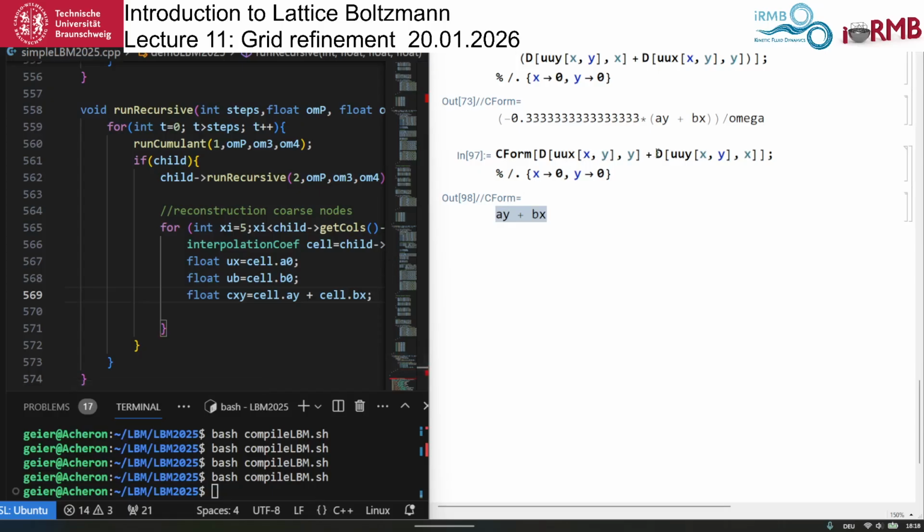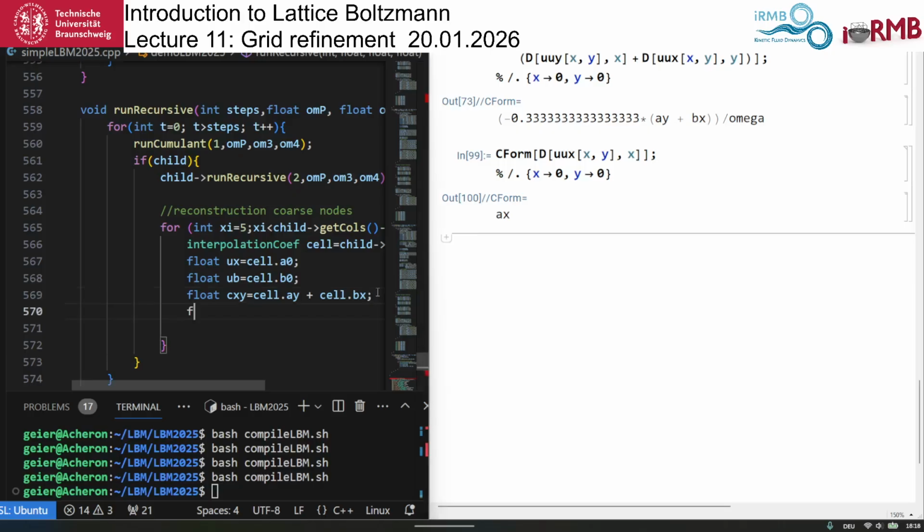So then we want to have only the derivative in x, I suppose. Is this actually correct? I think it's correct.